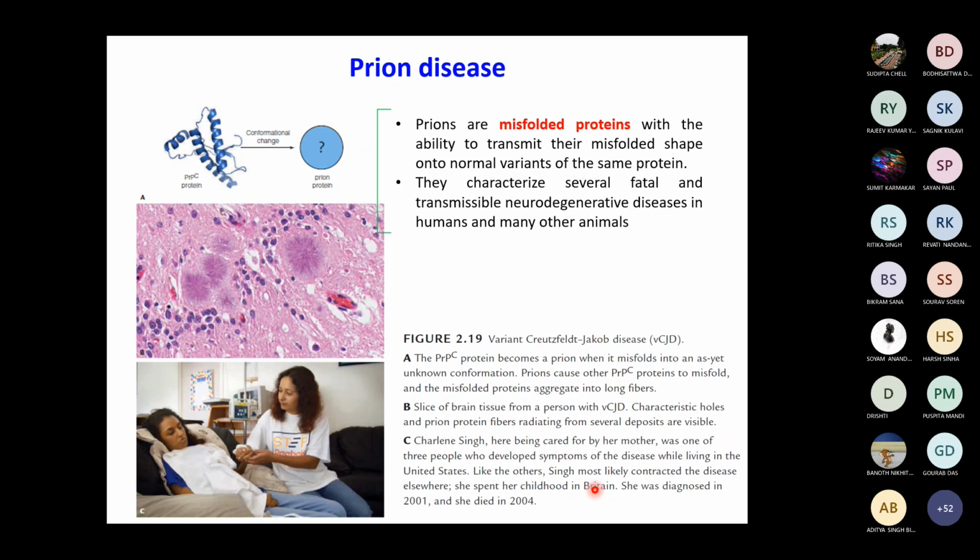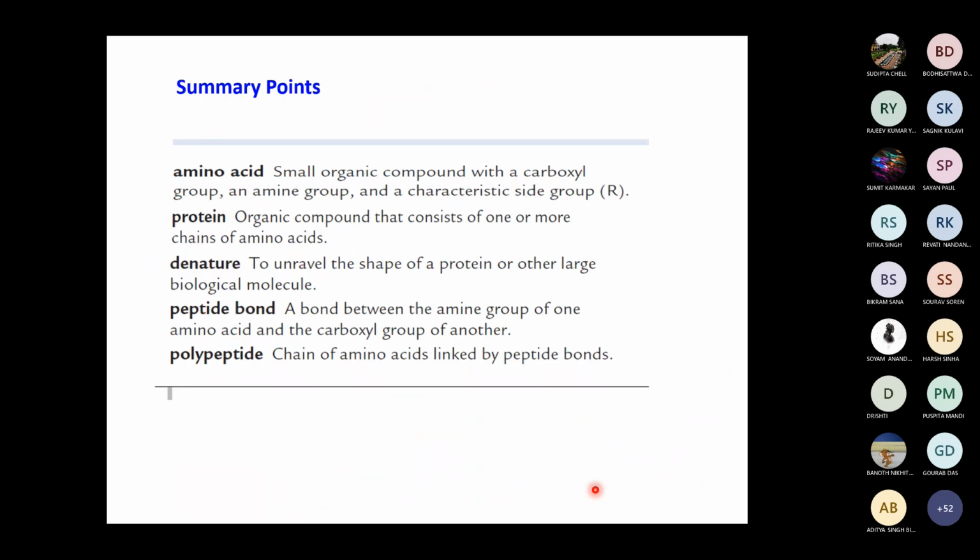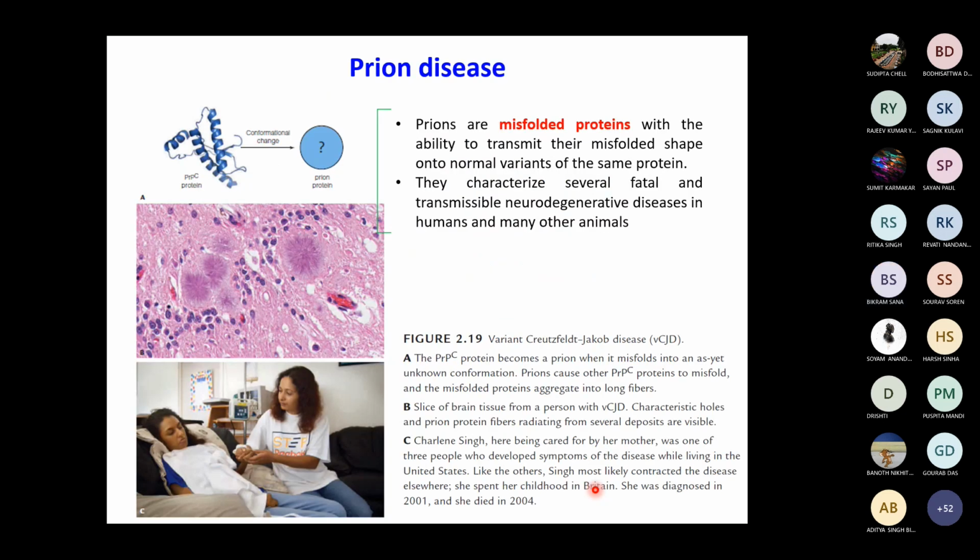Many proteins are a very important part of life, but when their structure gets denatured, they lose their function, and that is why many diseases happen. So this was all about proteins, I guess. Summarizing, what is a prion? Prions are a type of misfolded protein. They have the ability to change other proteins.